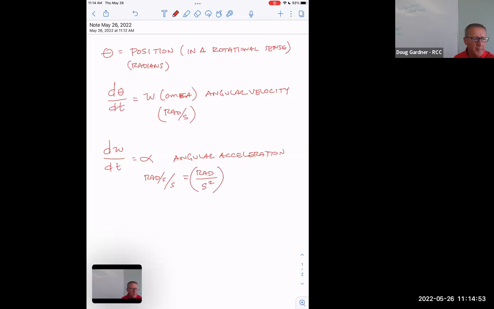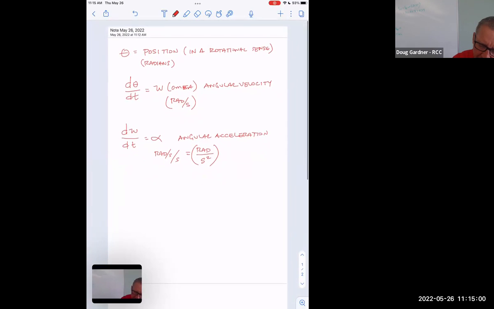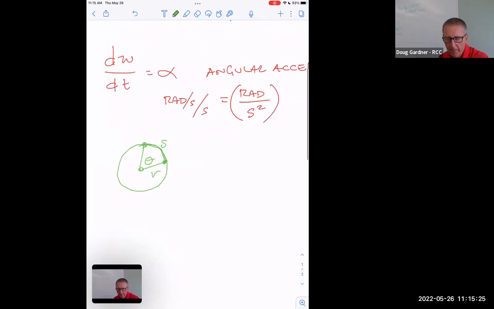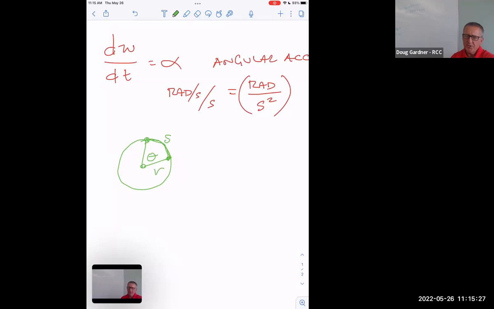Okay, so let's play around a little bit with how this all works. We just gave names to the fact that I have a position, a speed, and a change of speed in this world, and that makes sense why somebody would care about that. But are you aware of this formula? If you have a circle of radius r, and some angle theta there, and this length up here, this arc length, often called s for no good reason, there's a relationship between those.